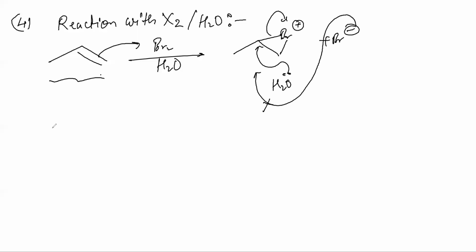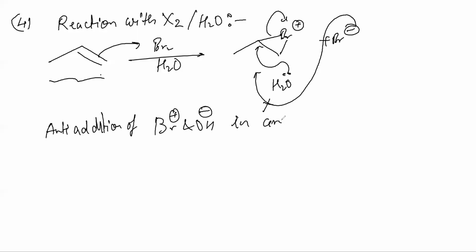So it is nothing but anti-addition of Br plus and OH minus in Markovnikov rule. So the product will be like this. Clear?